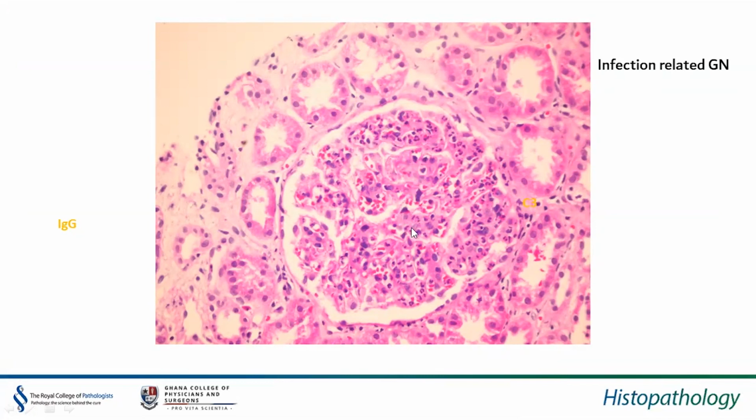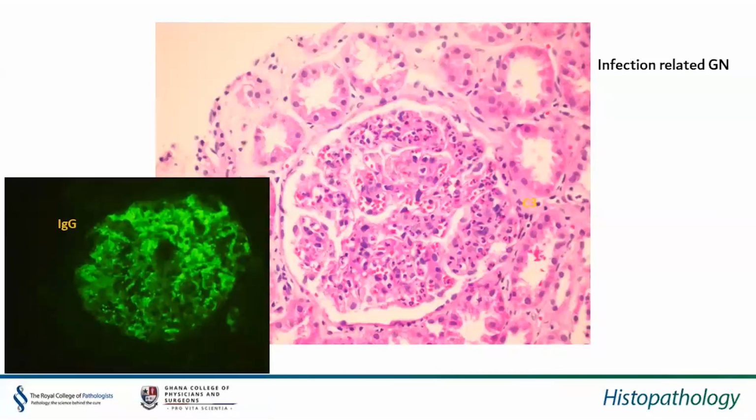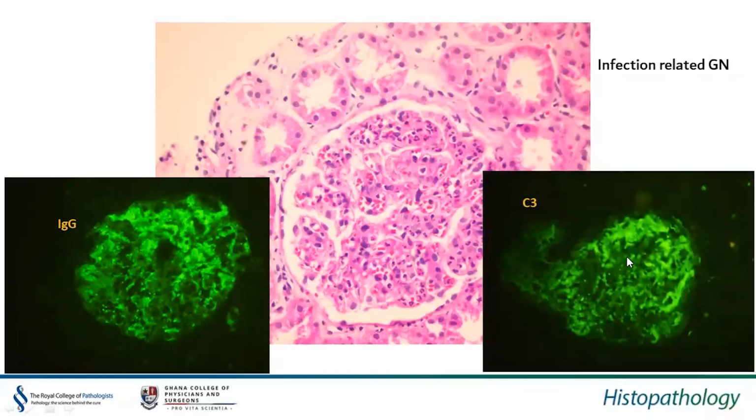These are neutrophils. This is an exudative form of crescentic infection-related glomerulonephritis. It shows staining for IgG along the periphery, and it also shows staining for C3.